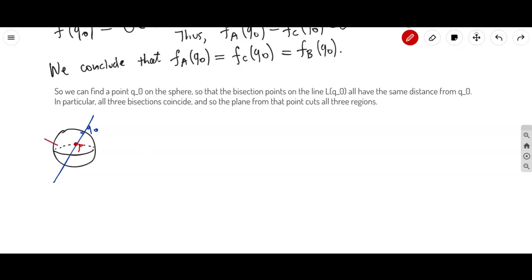So there's this one point. It's all the same distance. And this plane, pi, that we found, is then by construction the plane that bisects A, B, and C. So therefore, we have found a plane that bisects all three solid bodies simultaneously in the plane. And that right there is what we call the ham sandwich theorem, and that's the way you prove it.